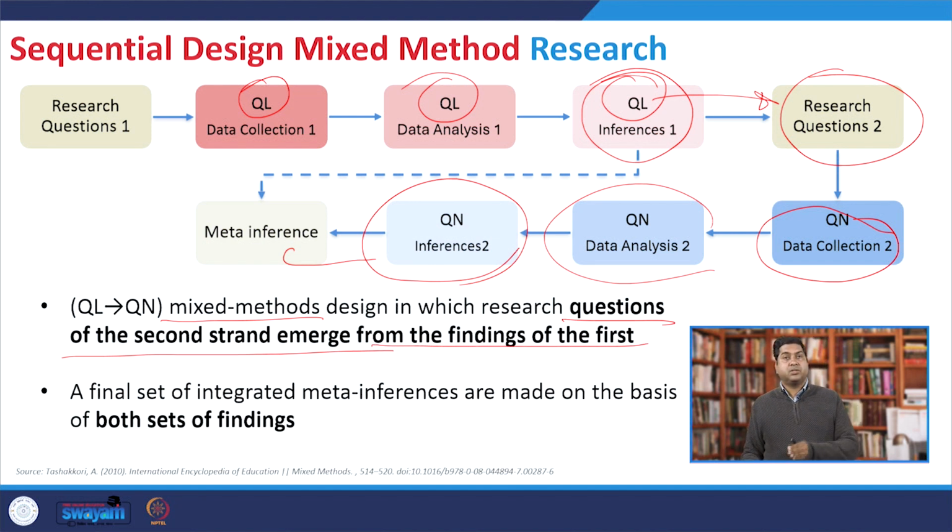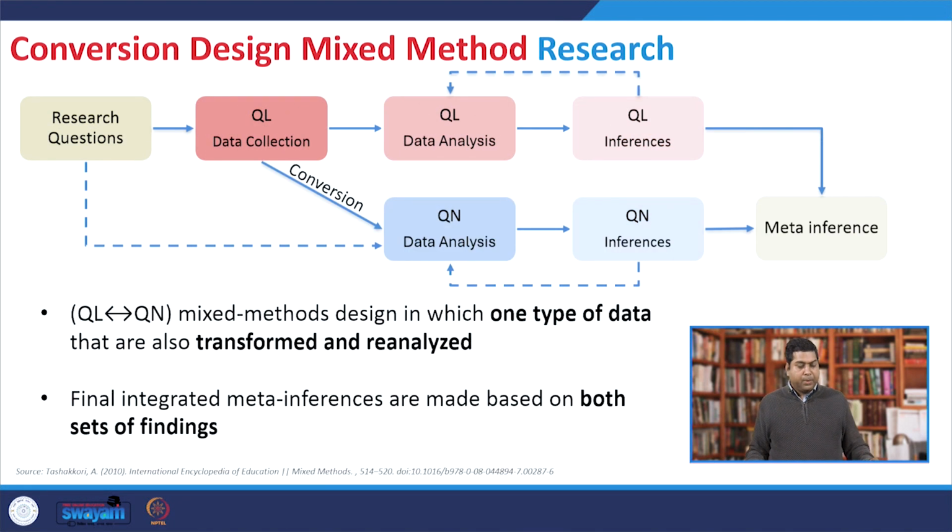It can be reversed also, this is just a representation. It may happen that first you conduct the quantitative study and then go for the qualitative approach. A final set of integrated meta inferences is made on the basis of both sets of findings, which is very important.